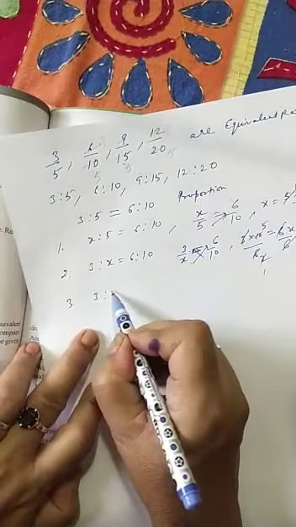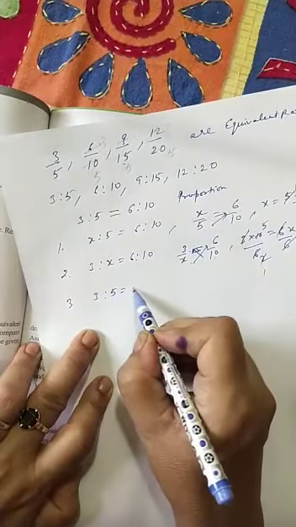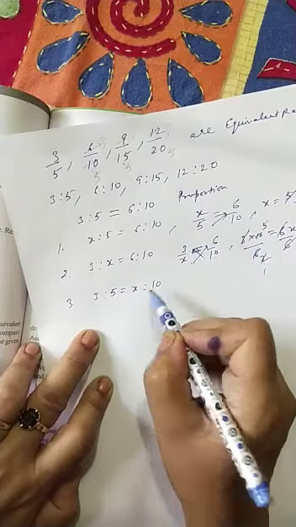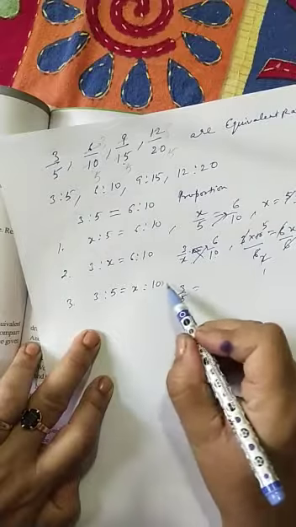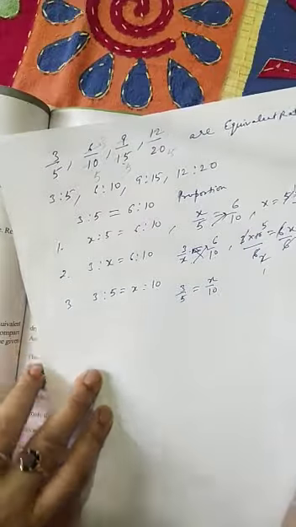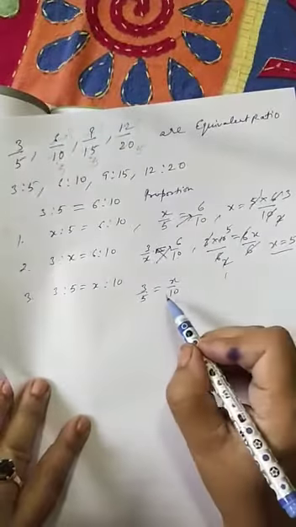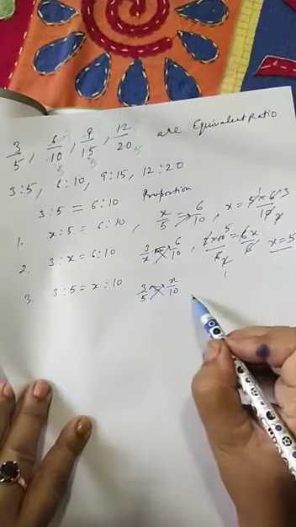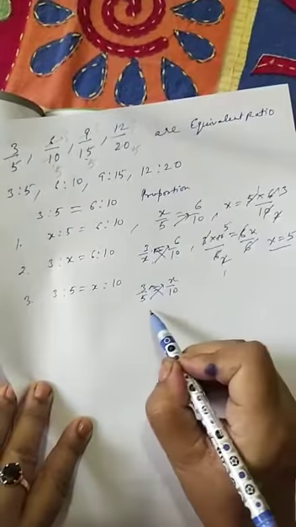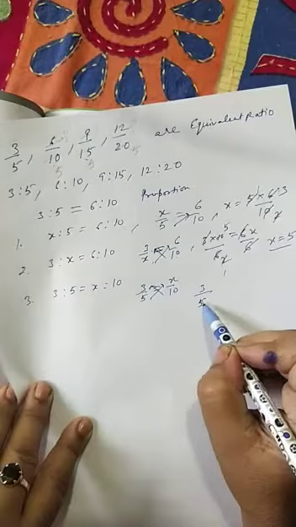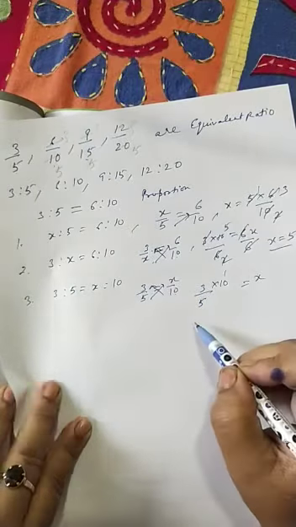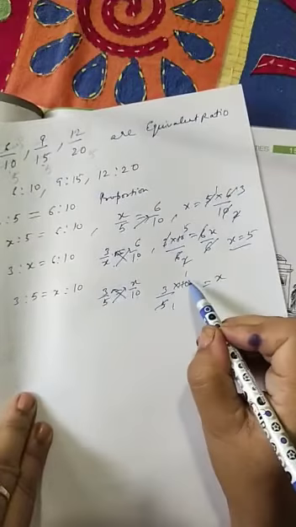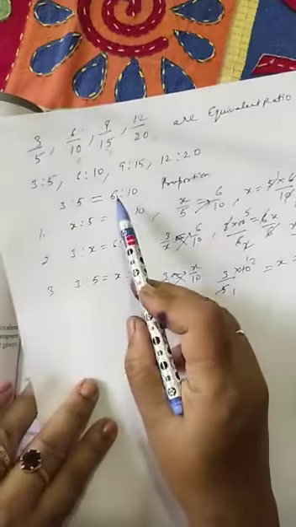Children, with the help of these questions, you will be able to do all sums. Then 3 upon 5 is equal to x upon 10. Then cross multiply. 3 upon 5 into 10 is equal to x. 5 ones are 5, 5 twos are 10, x is equal to 6.